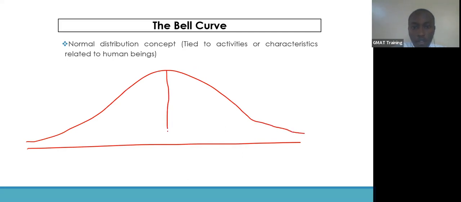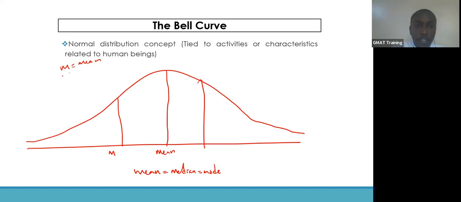And it's symmetrical at the center, where you have the mean, and the mean equals the median equals the mode. We have one standard deviation to the right and one standard deviation to the left. Let m equal the mean, and this symbol the standard deviation.